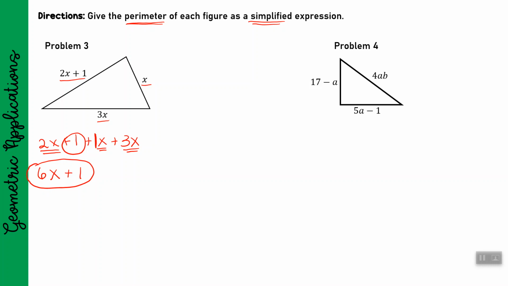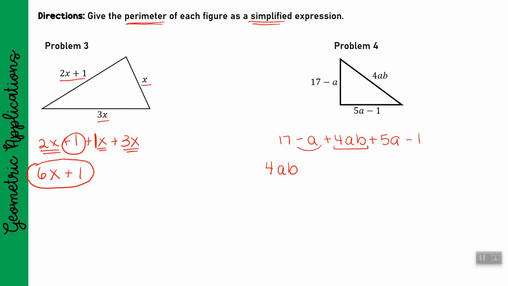Again, perimeter, so we're going to combine our like terms. So we have 17 minus a plus 4ab plus 5a minus 1. Well, this has two variables, so I'm going to make that one first. There's nothing else that has an a and a b, so I'm going to leave that by itself, so 4ab.